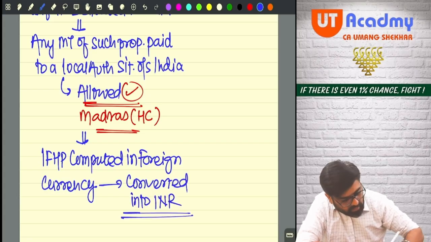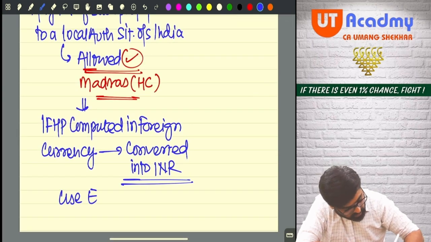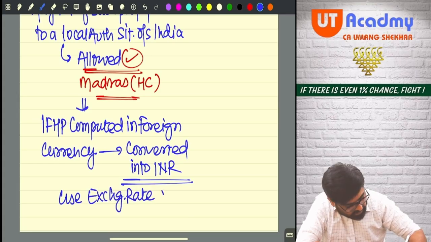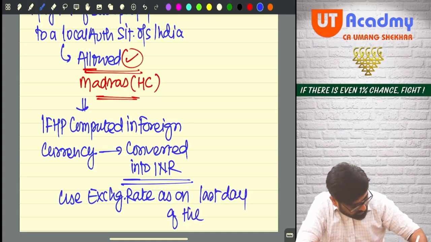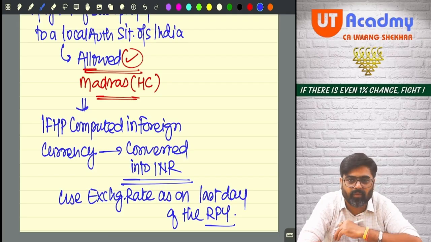And this conversion will happen by using the foreign exchange rate as on the last day of the relevant previous year. Got it, sir? Where will you get this exchange rate from? It will be given in the question itself.